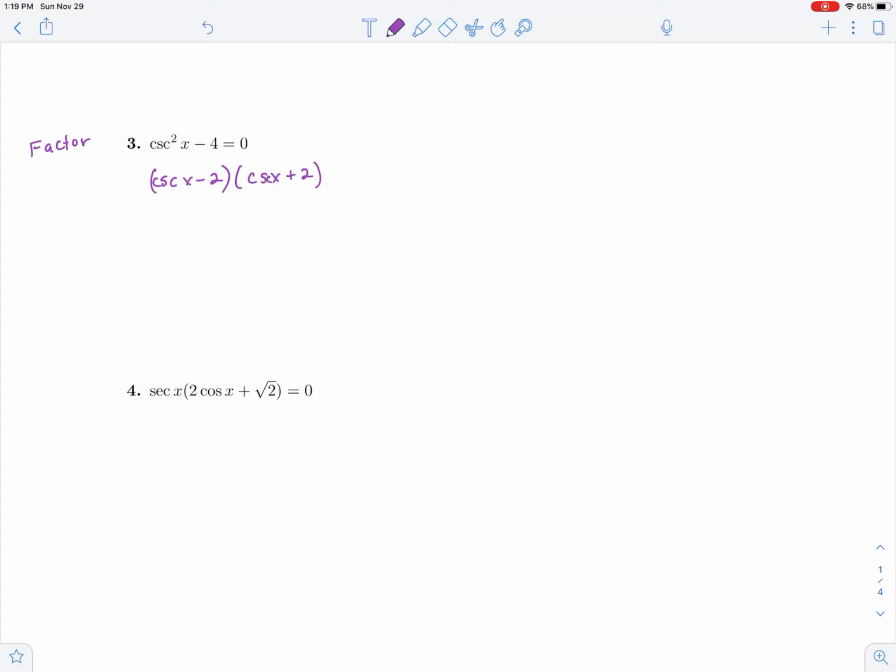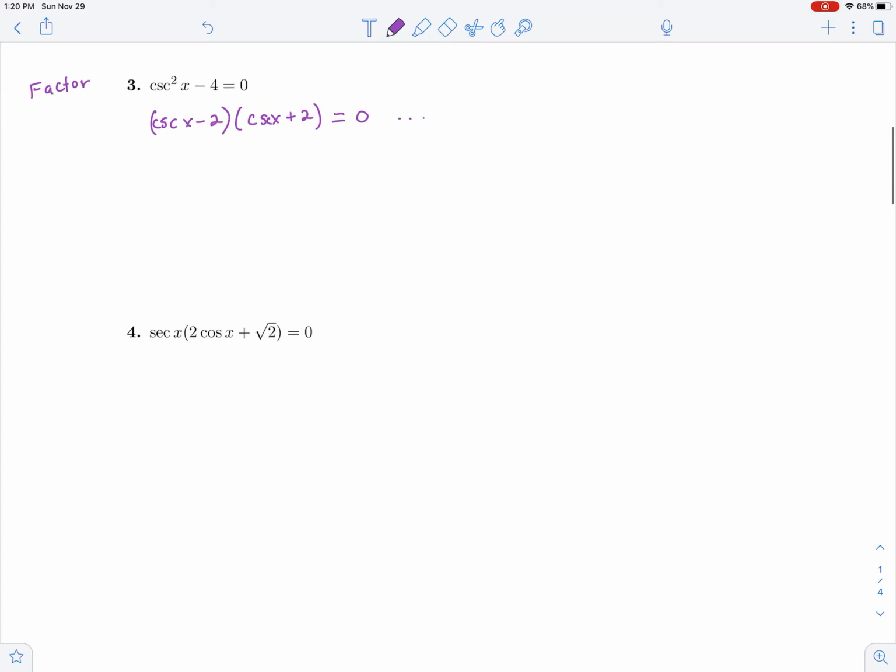And then you set each factor equal to 0. I'm just going to hit dot, dot, dot, because I think you guys can do that one. And it usually helps if you change cosecant to 1 over sine and then solve for sine of x, and take that unit circle approach to make sure you get all the answers and not just one.